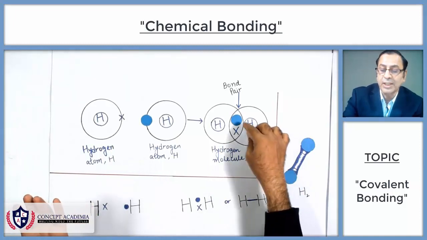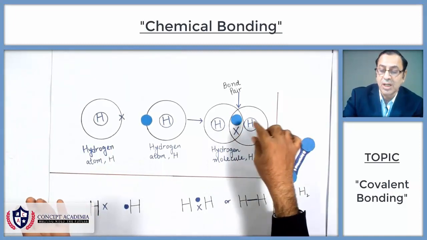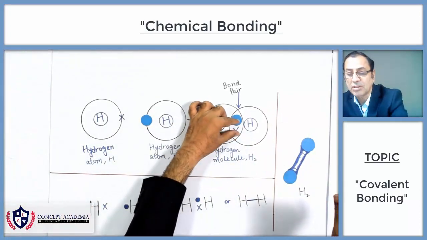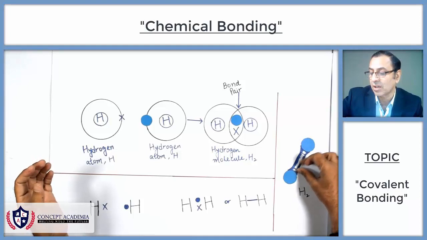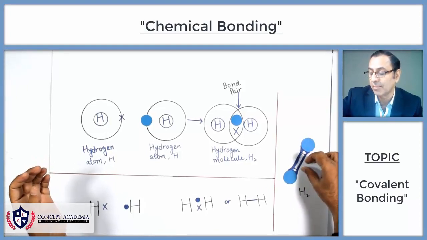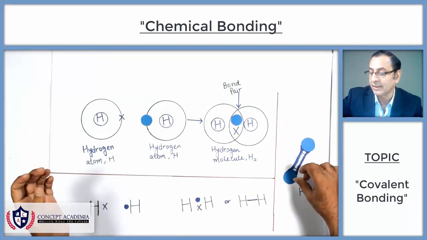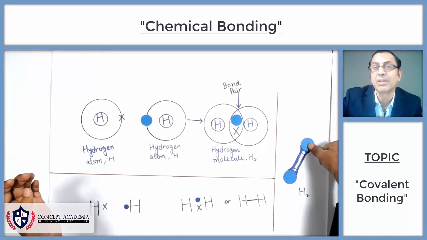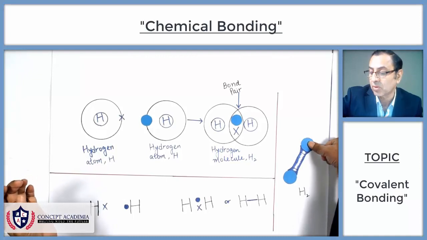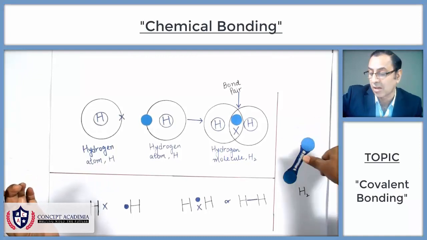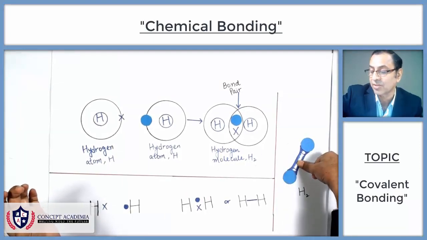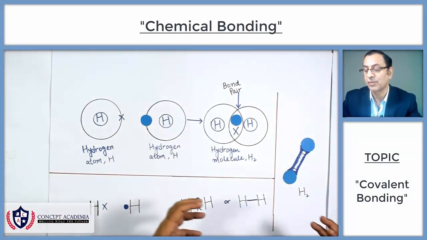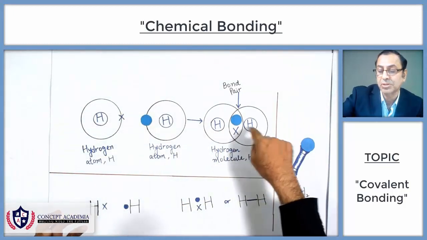When one hydrogen and the second hydrogen share the electrons, an electronic cloud is there between the 2 nuclei, and each nucleus has a proton. So this proton will attract this electronic cloud, and this proton will attract this electronic cloud, and that will be the force of attraction that binds the 2 hydrogen atoms together.